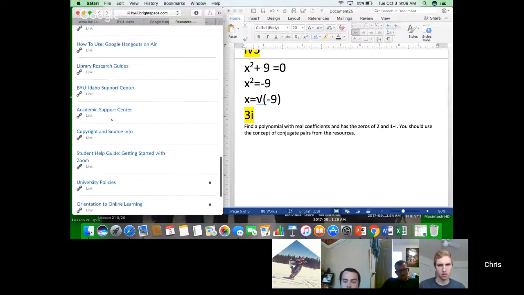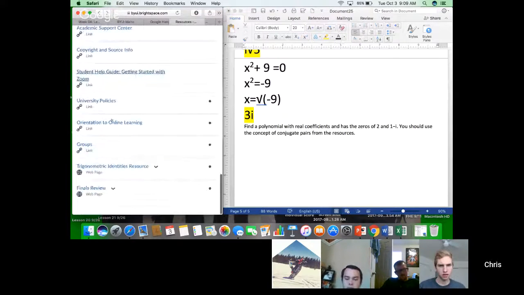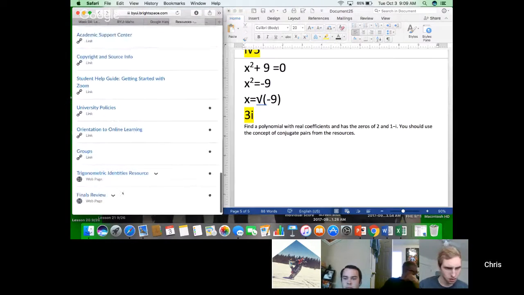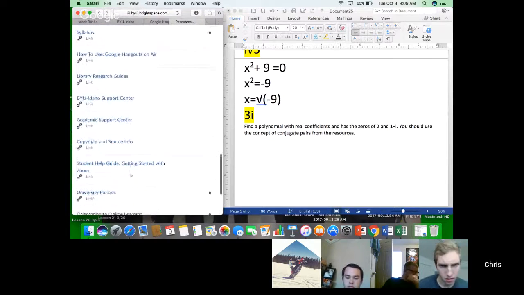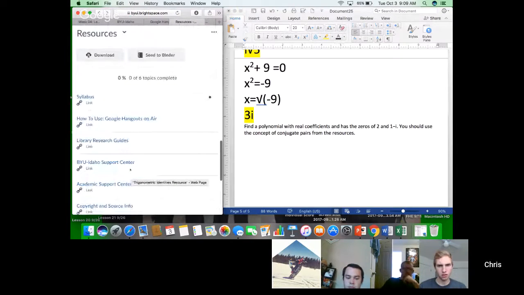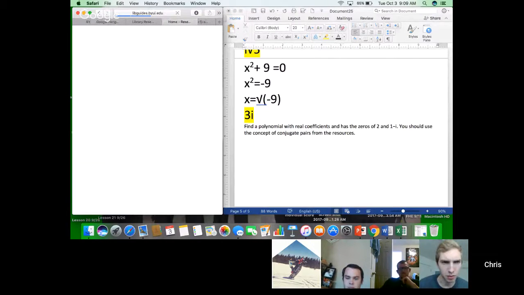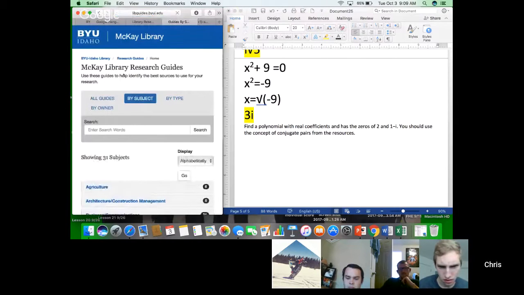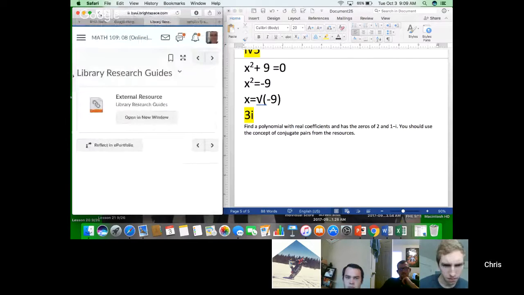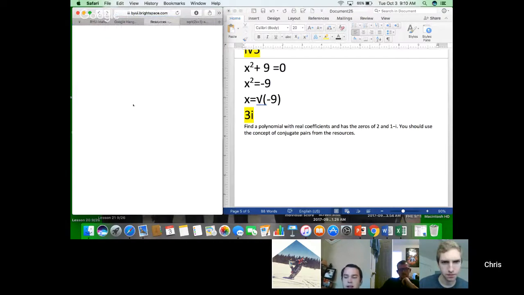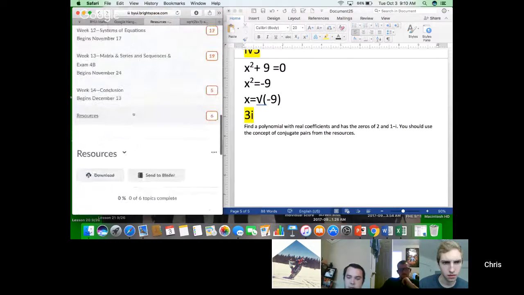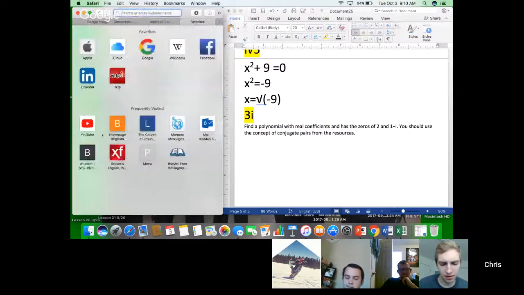That's not it. The conjugate pairs isn't in the PowerPoint. What? Am I the only one that saw the PowerPoint? I looked at it, but I didn't really understand it too much. No, if it's not Khan Academy, I don't understand it. Well, let's do that right now.